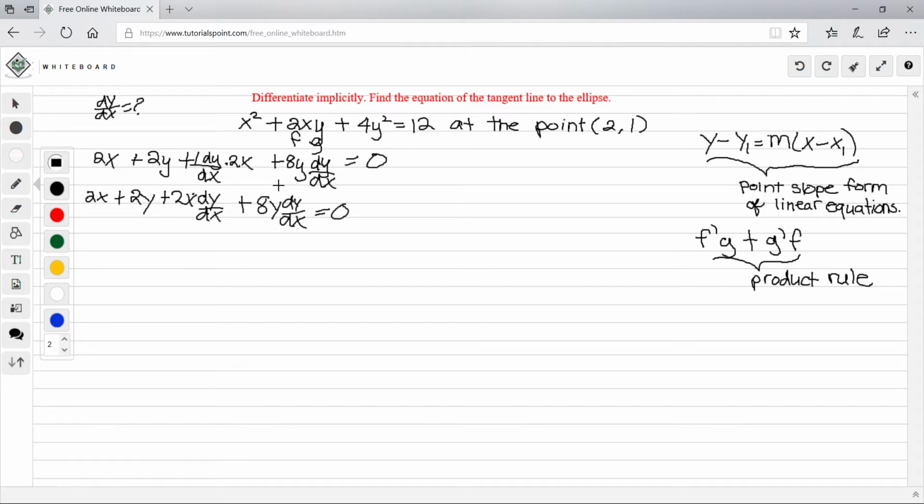I want to solve for dy/dx, right? So let's get all the dy/dx terms on the left side, and the rest we'll just move to the right. So let's get rid of this 2x and 2y. I'll subtract 2x and then subtract 2y from both sides.